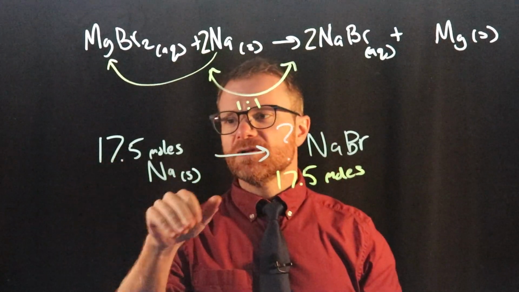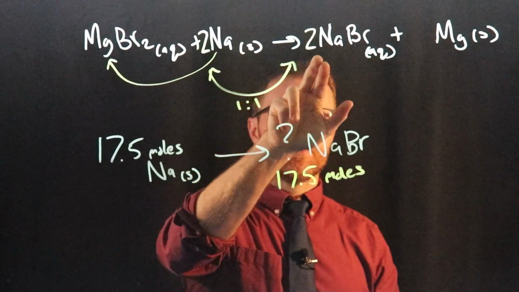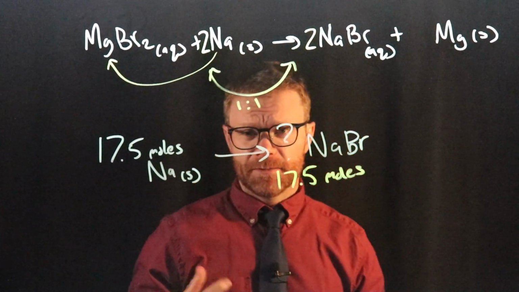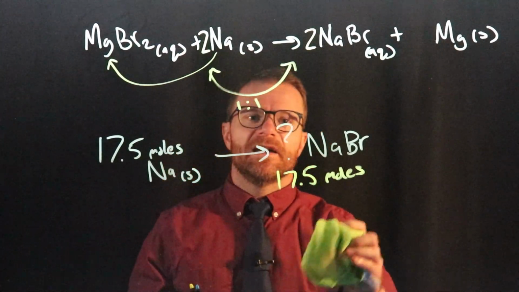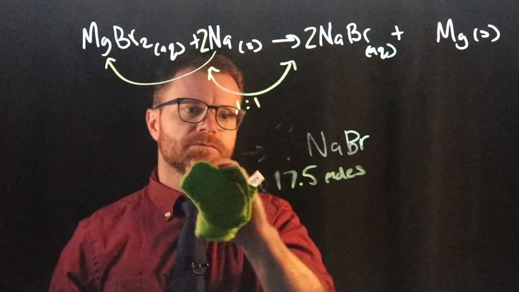So if we used 17.5 moles of sodium metal in this reaction, we're going to produce 17.5 moles of sodium bromide. That was a pretty simple one. Let's look at a slightly more complicated problem with this same reaction.